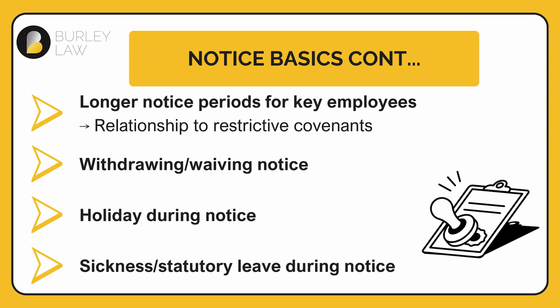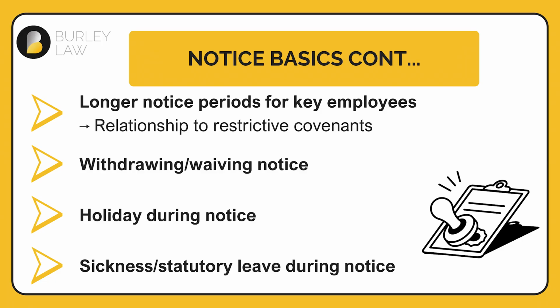Well, that's very similar to a restrictive covenant. And so if you have a very short notice period, it indicates to a court who might be called in to assess whether a restrictive covenant is enforceable that actually the business doesn't consider this employee to be particularly key because it hasn't got a very long notice period. So that's something very important to think about when we're thinking of notice periods protecting the business.